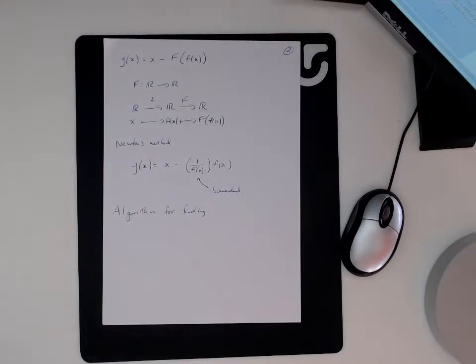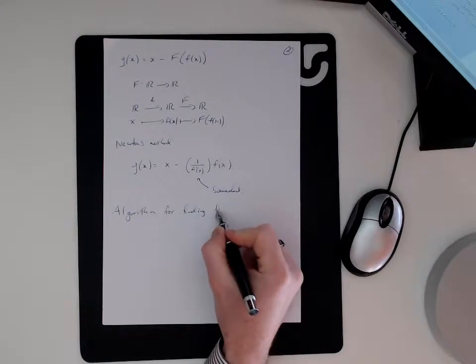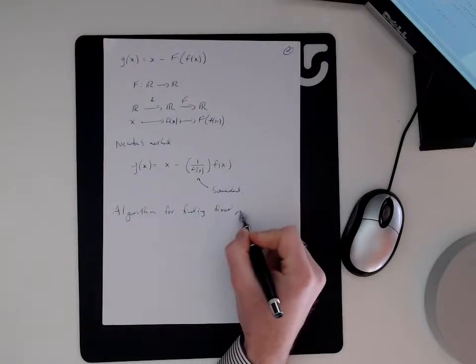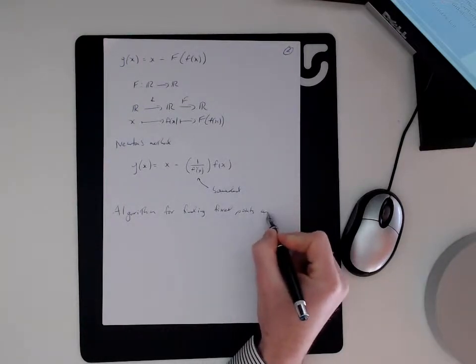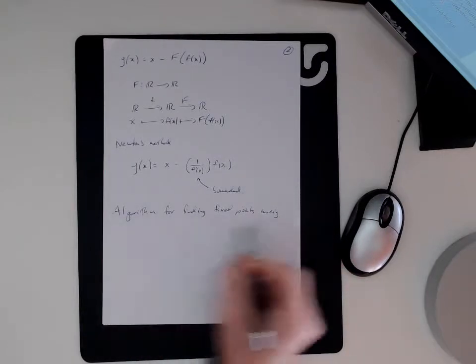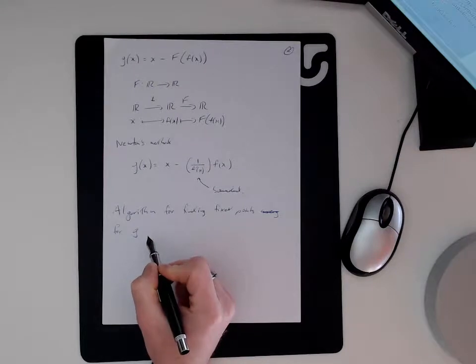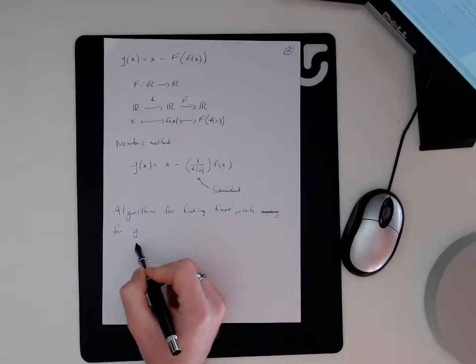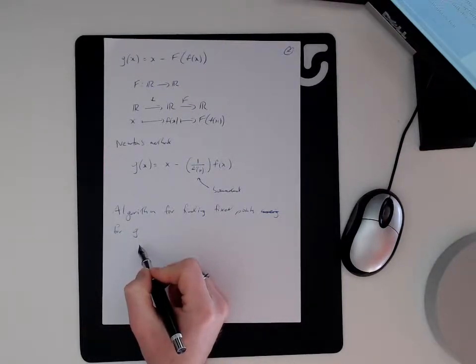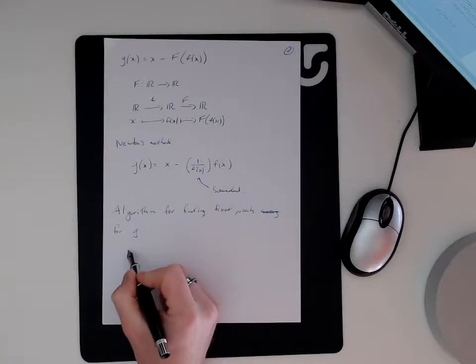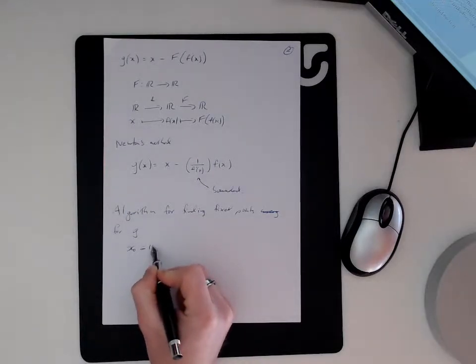Hello. Right. The algorithm for finding fixed points for g is very easy. This is for arbitrary g. Start with some point x0.